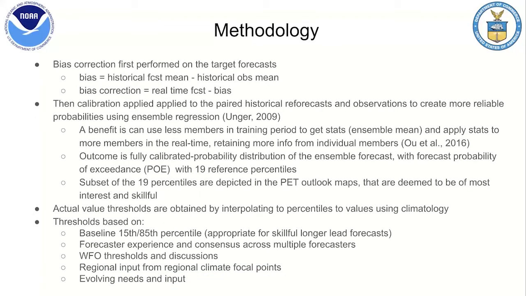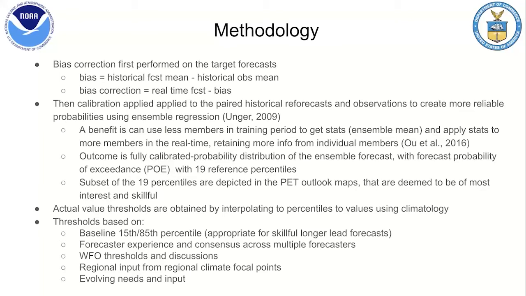In terms of the methodology for the PET, we first bias correct. Basically, it takes the historical observed mean and subtracts it from the historical forecast mean, and you get your bias. Then in the real-time forecast, we subtract that bias.